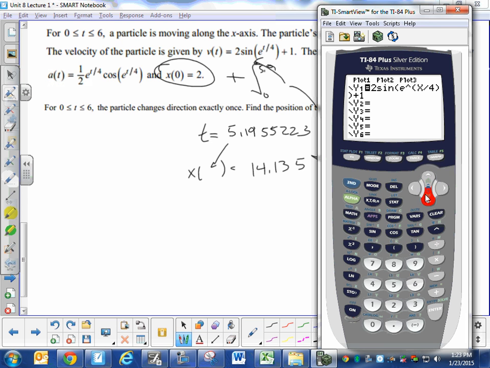And you should also graph y equals 0 so you can find the intersection. Okay, now the goal is to find that intersection right there. So second, calculate the intersection. If you graph y equals 0, you can do that.